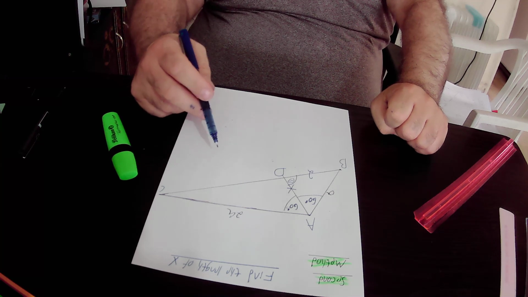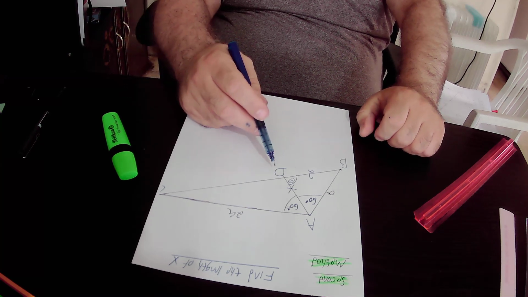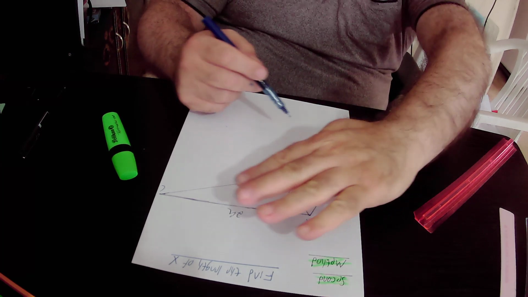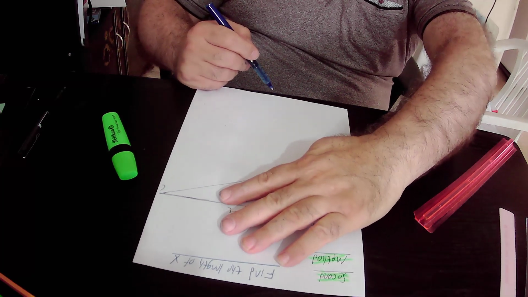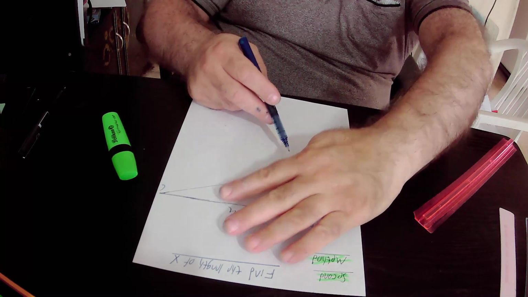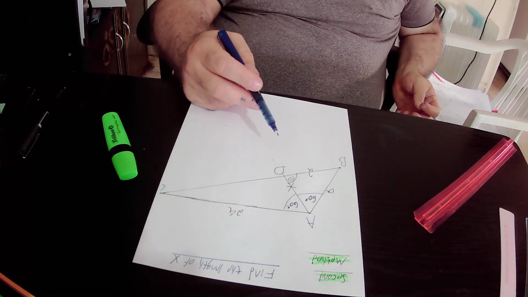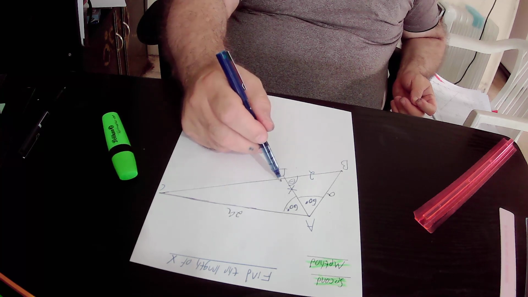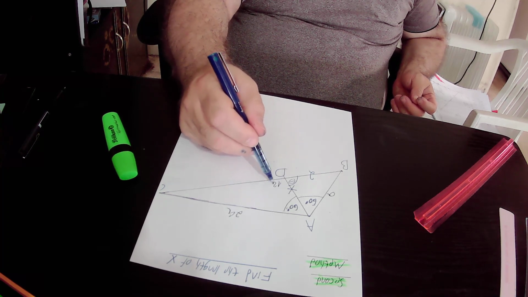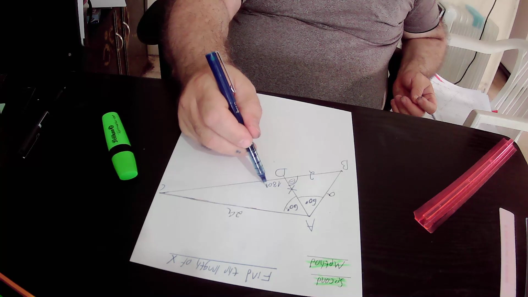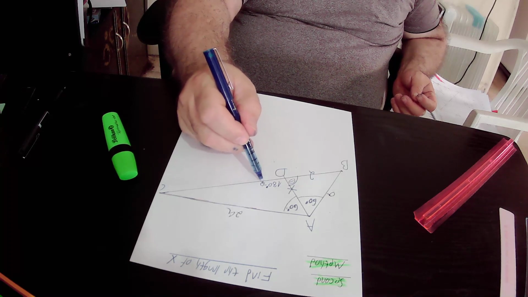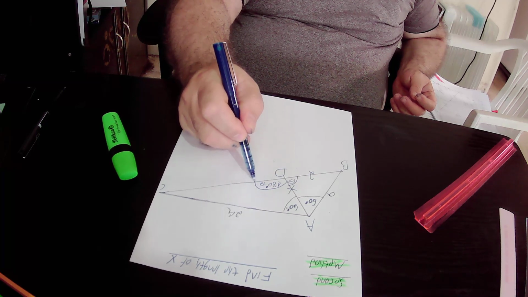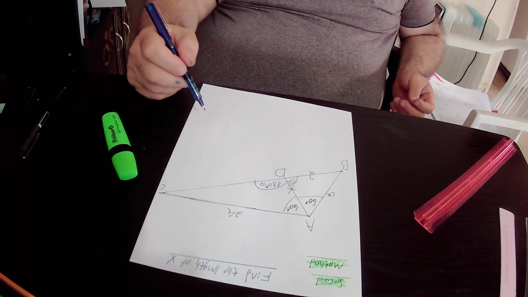And we know that the sum of the angles on one side of a straight line is equal to 180 degrees. So on this side of the straight line BC, at point D, the sum of the angles must be equal to 180 degrees. So if this angle is theta, then this angle must be equal to 180 degrees minus theta.